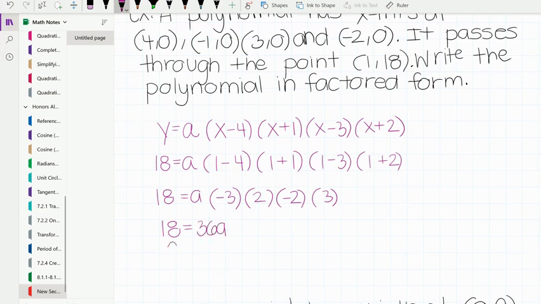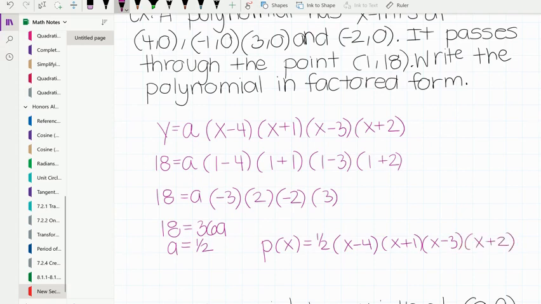So a equals 1/2. So our final equation would be p of x equals 1/2 times x minus 4 times x plus 1 times x minus 3 times x plus 2. So this is a fourth degree, and we have an a value of 1/2.